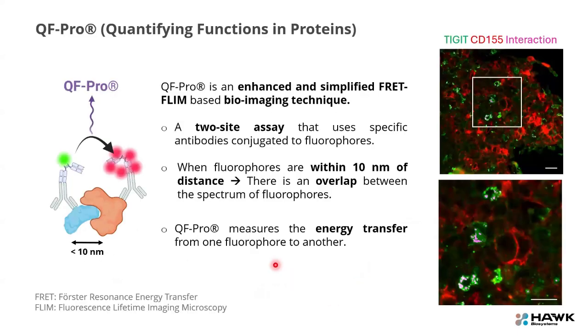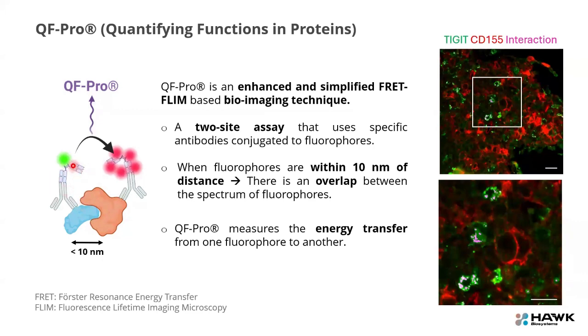So QFPro stands for Quantifying Functions in Proteins. It is basically an enhanced and simplified FRET-FLIM bioimaging technique. It is a two-site assay where we use two specific primary antibodies. If we take the example of a protein-protein interaction, we're going to label protein A with a specific primary antibody and then protein B with another one.